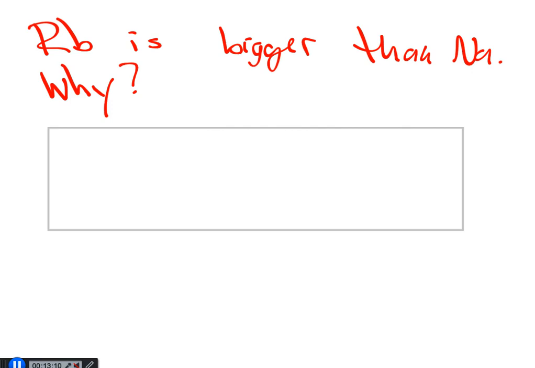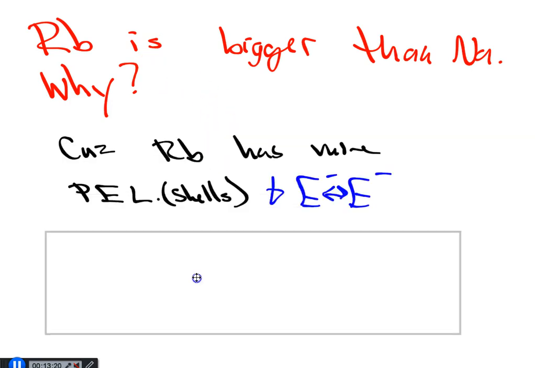All right. Rubidium is bigger than Na. Why? Take 10 seconds and answer that one. Oh, here we go. Rubidium is bigger than sodium because rubidium has more principal energy levels, or shells. And if you felt like it, you could include that the electron-electron repulsion has increased. We've added a new shell.